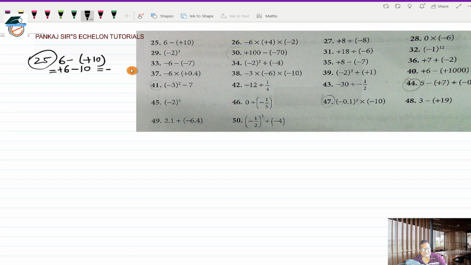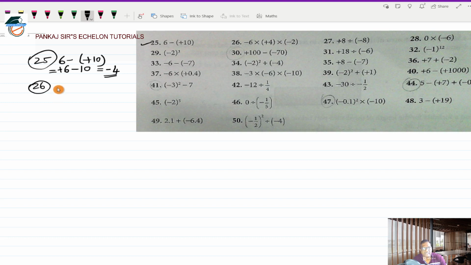So I'll put a minus over here, and then I'll subtract this 6 from this 10. When I do that, I get 4. So my final answer is minus 4, a negative 4. The 25th answer is negative 4, and that happens to be a correct answer, right? Let us move on to 26.